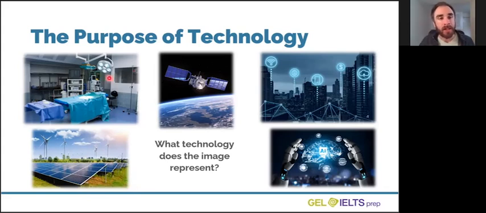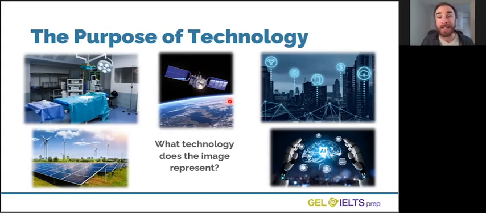Above that, we can see we are inside a hospital and we have some machines. This image represents modern medicine. So medical practice based on science, based on testing whether something is effective or not effective, using drugs and treatments to cure diseases with a scientific method.